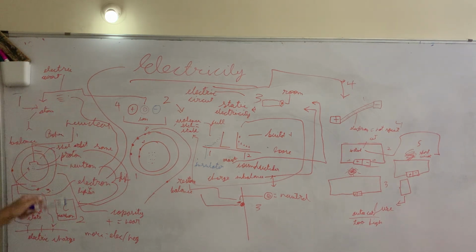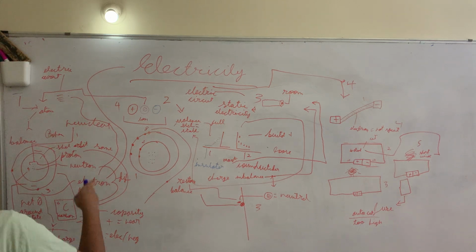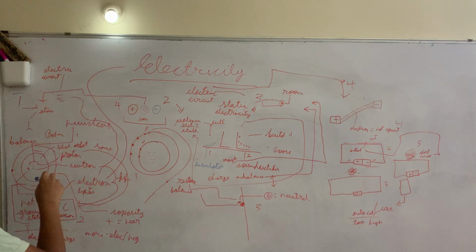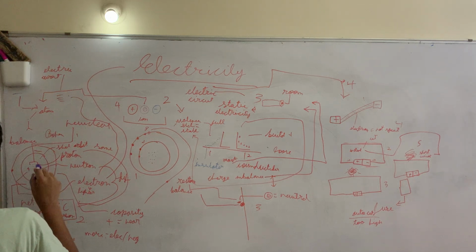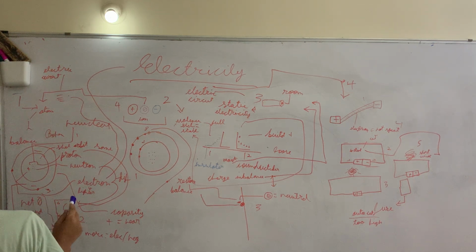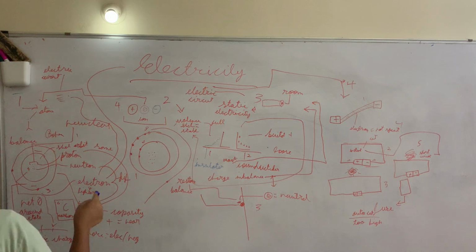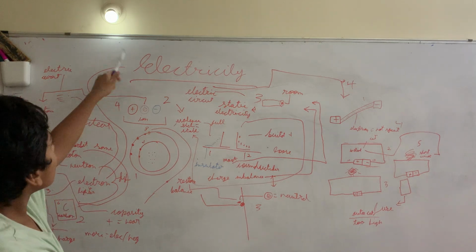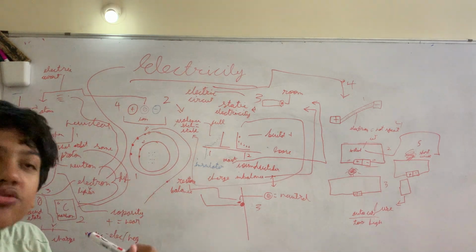Okay, so let's look at the parts of an atom here. First we have the nucleus, which is composed of protons and neutrons. The things that are orbiting it are called electrons. We're going to be talking about electrons a lot more because these little buggers are what create electricity, hence the name electron.